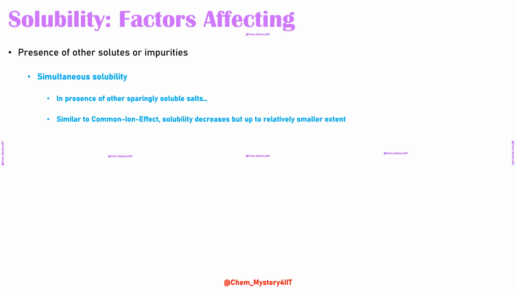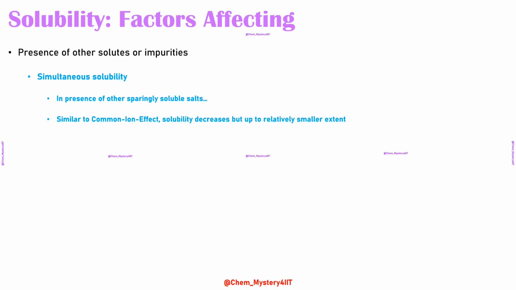If you have the common ion effect, you could have neglected the contribution coming from one of the weak electrolytes. Basically in the common ion effect, one of the things is going to behave as a strong electrolyte, the other one is going to be a weak electrolyte. Over here, when we have simultaneous solubility, this is covering all the cases, whether you have one strong, one weak, or both weak, or maybe in some cases both strong.